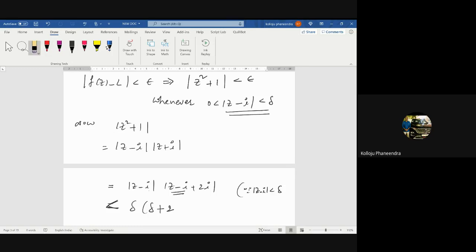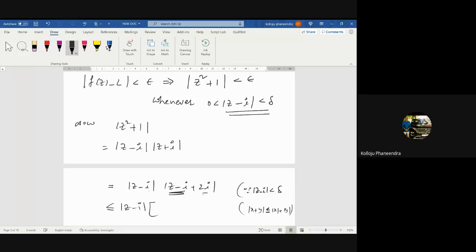I can write one more step for this. Mod x plus y is less than or equal to mod x plus mod y. Using that concept, I can write this is less than or equal to mod z minus i, and coming to this part, I am applying this principle.